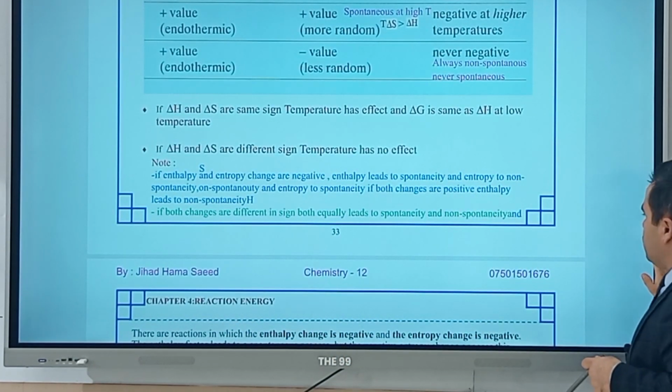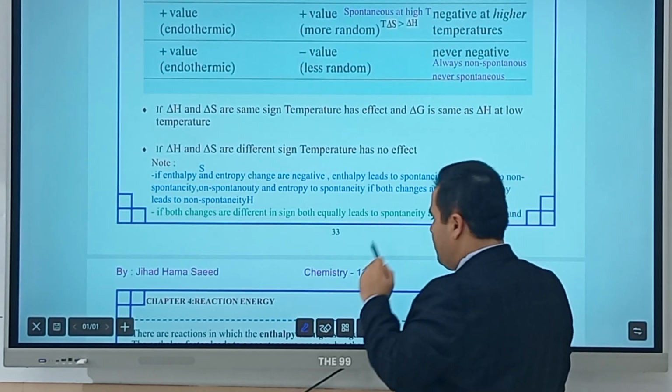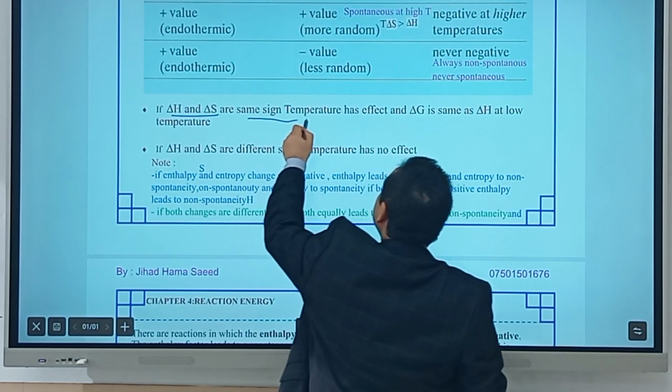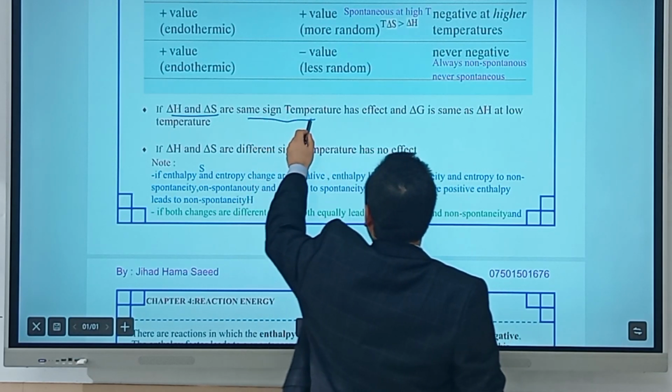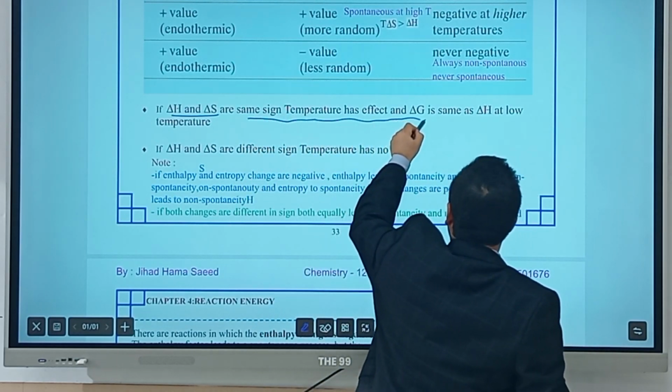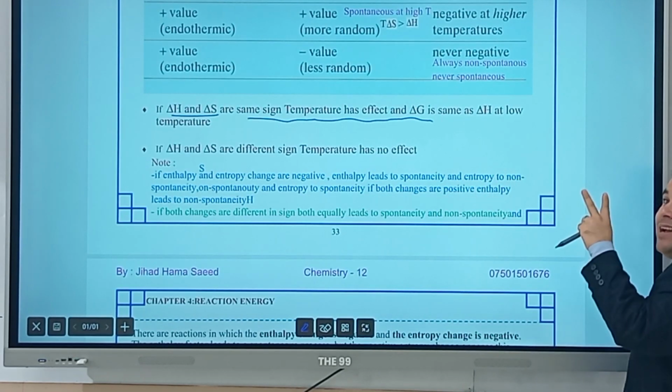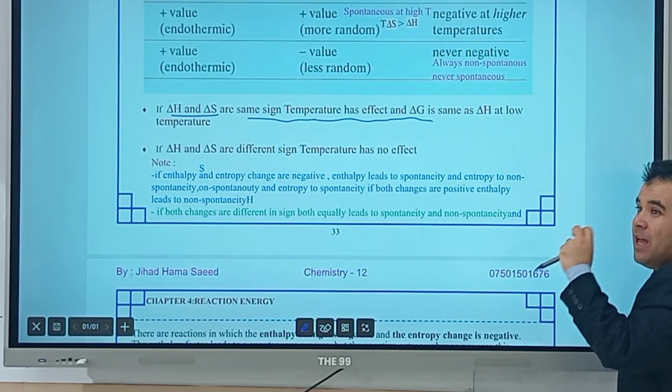Here we have some notes, guys. If delta H and delta S have the same sign, temperature has an effect, and the same sign means negative and negative or positive and positive.